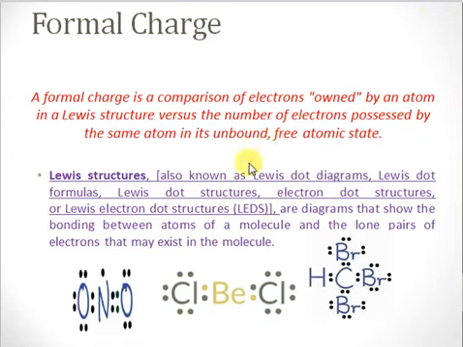In this definition, we have made use of the term Lewis structure. You may be curious to know what we mean by it, because often we come across this term. What is a Lewis structure?